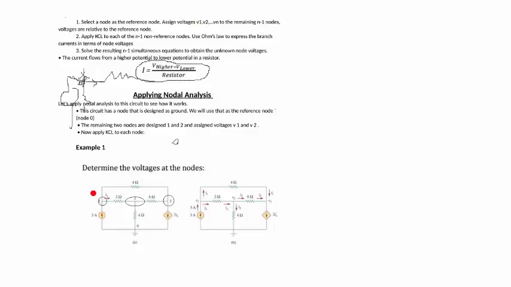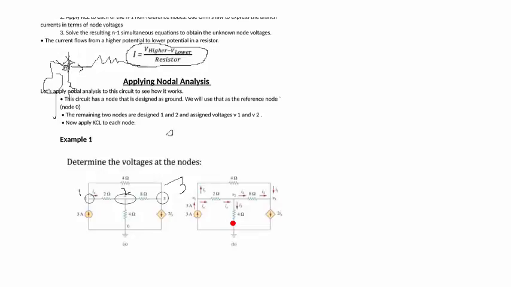The second step is to apply KCL, which has already been done for us on this side. One is the current supply, and the remaining directions are my own assumption of how the current is flowing. As you can see, the sum of current entering the junction equals the sum of current leaving.